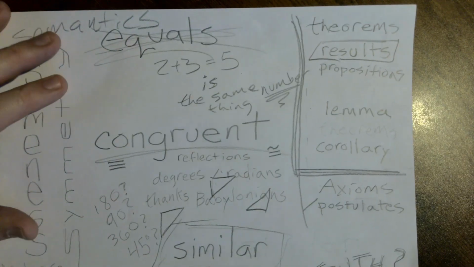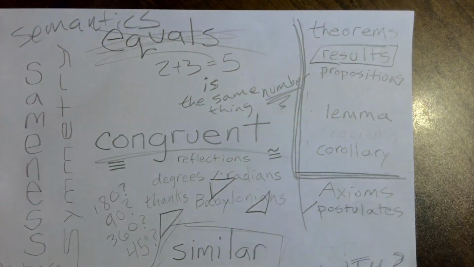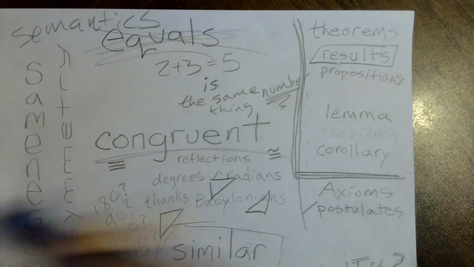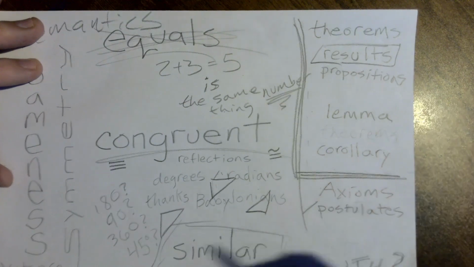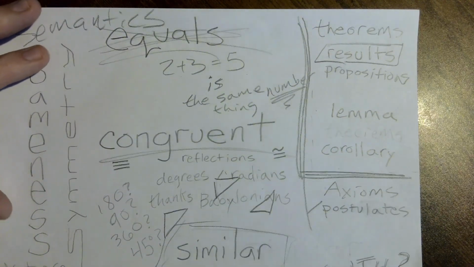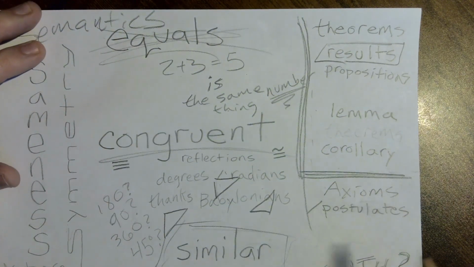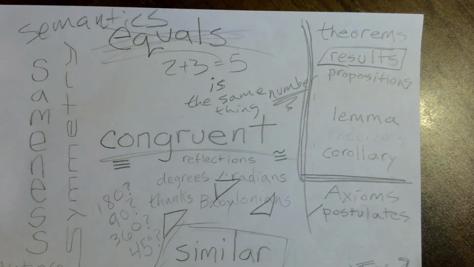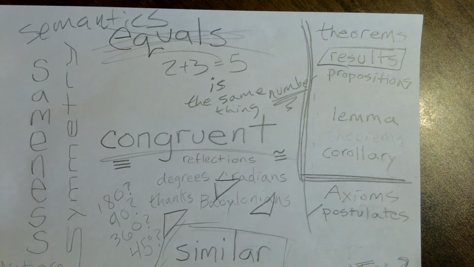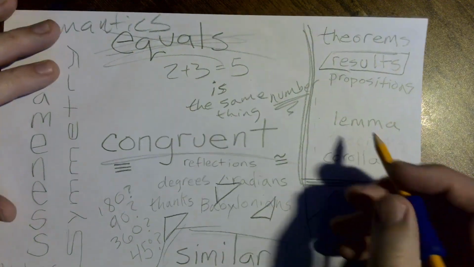So they're all theorems. Because we use theorems and axioms to prove theorems, we use both those things. And once you have a theorem proven, you can use it to prove other theorems along with the axioms that you use. So all of these are theorems.